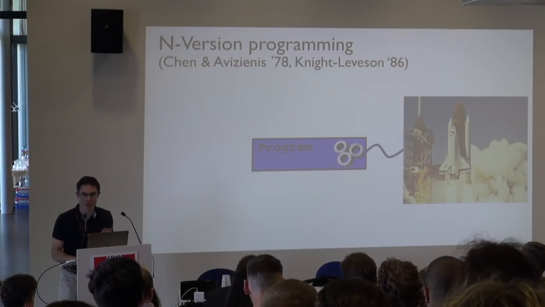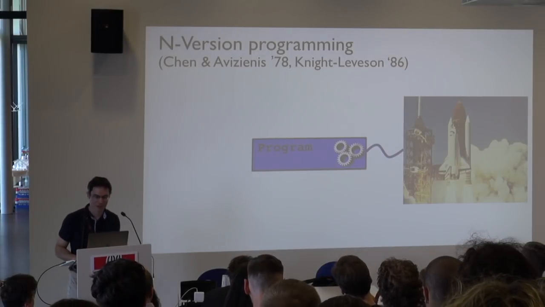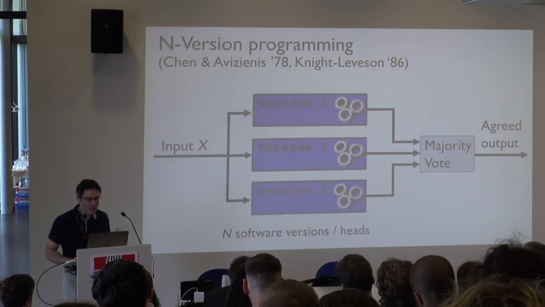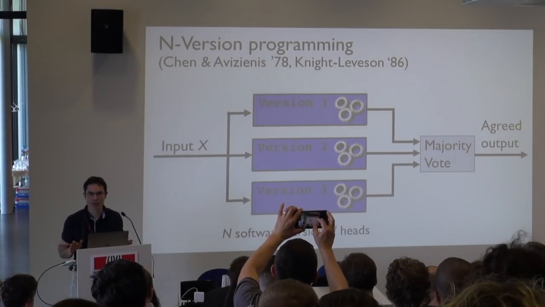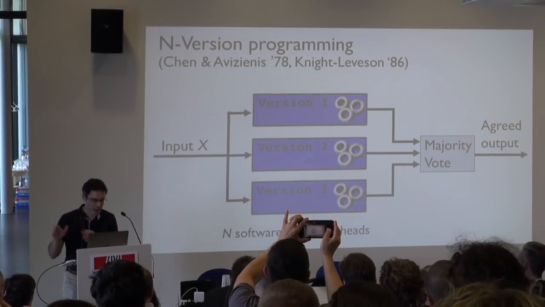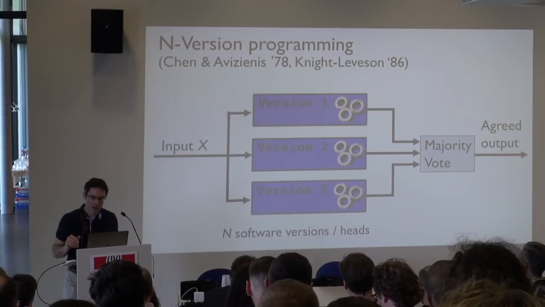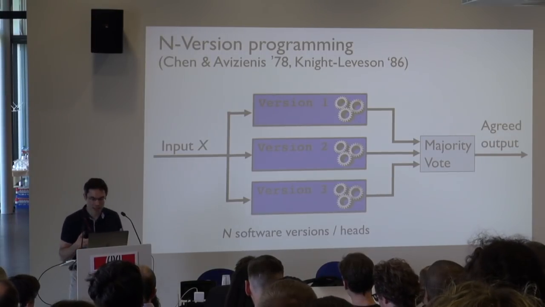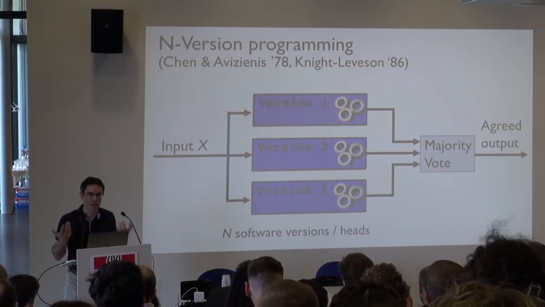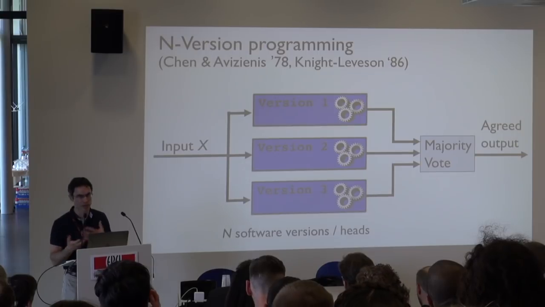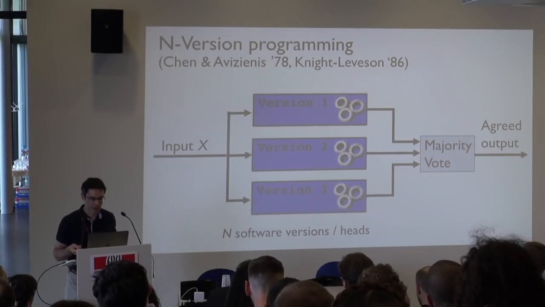And it's not by coincidence, as you'll see, that I've got a picture of the space shuttle here. The idea was simple but elegant. Rather than implementing a program and just running it, what you do is code it up multiple times, ideally in different versions produced under heterogeneous circumstances, for instance, coded by different developers or produced in different high-level languages.